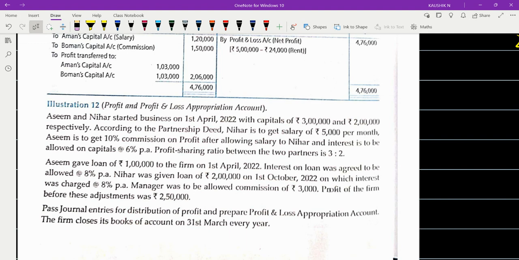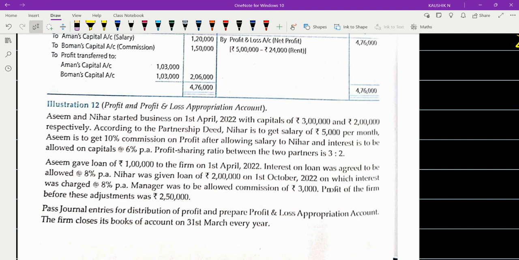Profit sharing ratio between the two partners is 3 is to 2. Asim gave a loan of rupees 1 lakh to the firm on 1st April 22. Interest on loan was agreed to be allowed at the rate of 8% per annum. Nihar was given a loan of rupees 2 lakh on 1st October 22, on which interest was charged at the rate of 8% per annum.